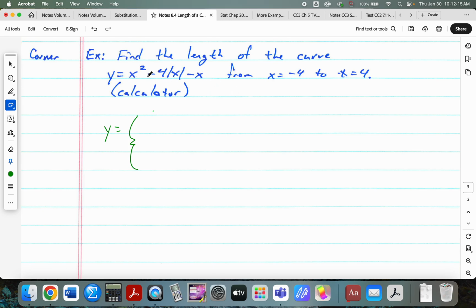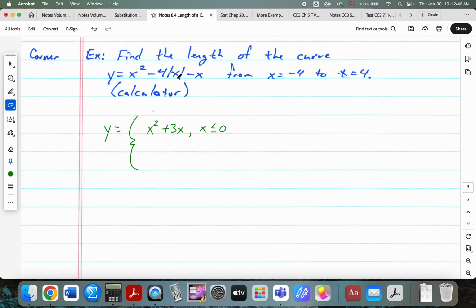So that's going to be x squared plus 4x minus x. That's going to be x squared plus 3x for x less than or equal to 0. That works. And this function is smooth, right? And so I'm okay with that.